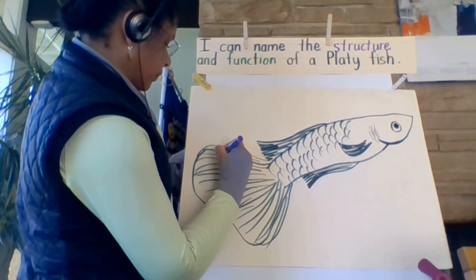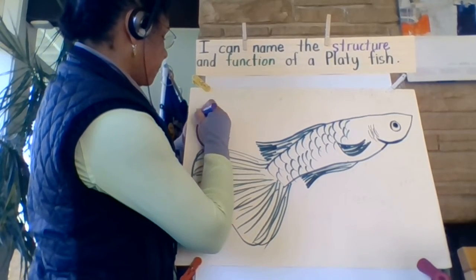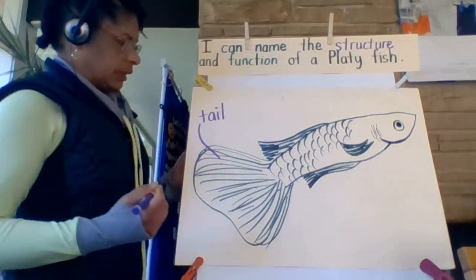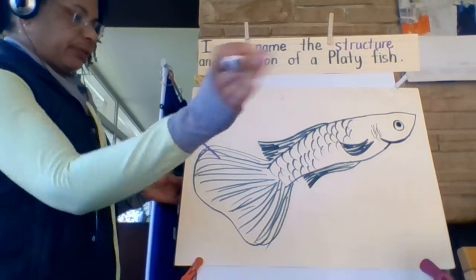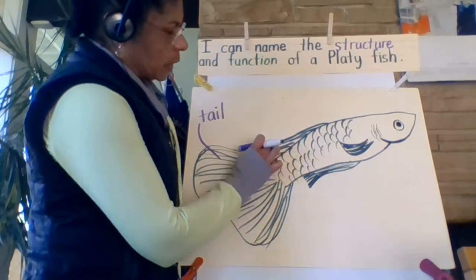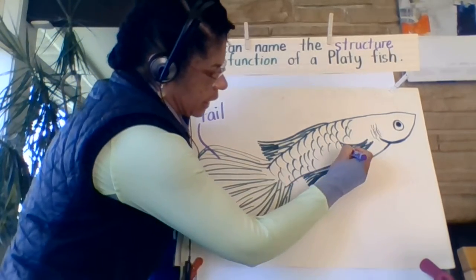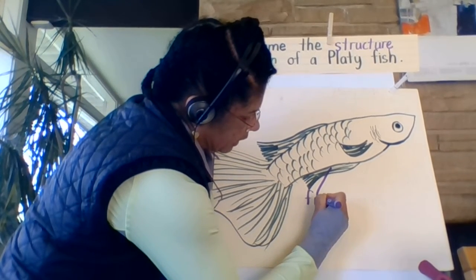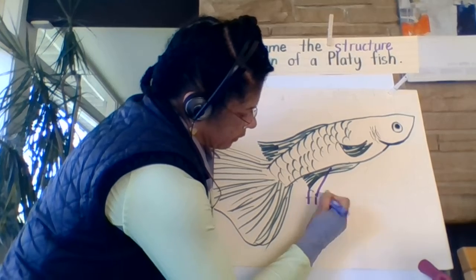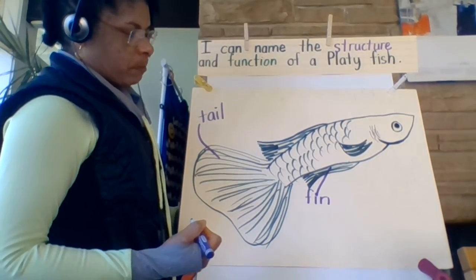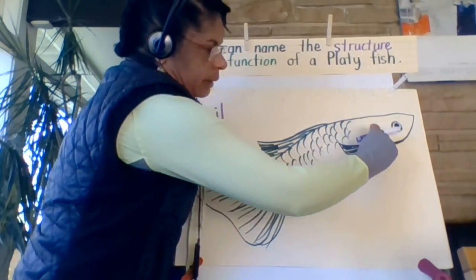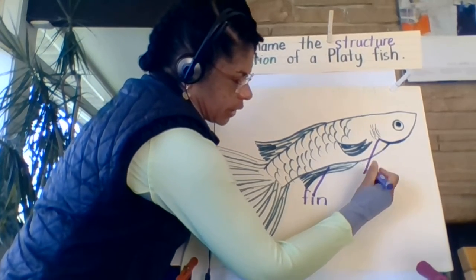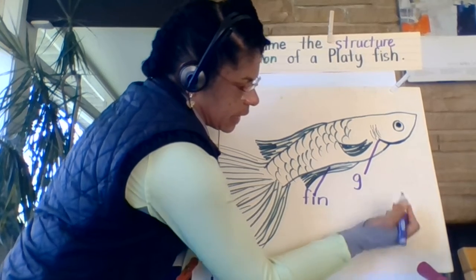Back here, I said this was the tail, and they use the tail to move. This one right here, these and these, they are fins. Okay. These special cuts over here that helps them breathe, they are gills.